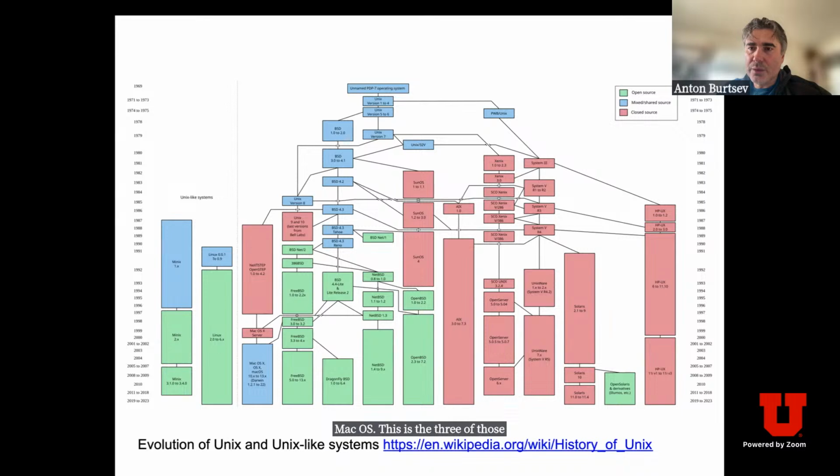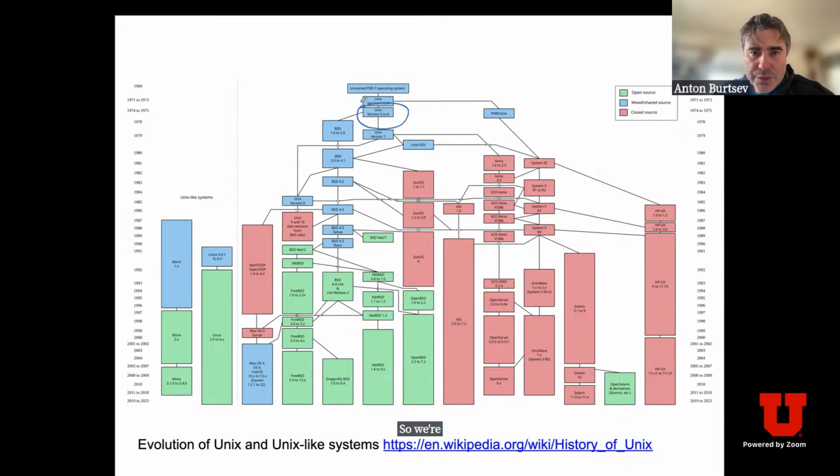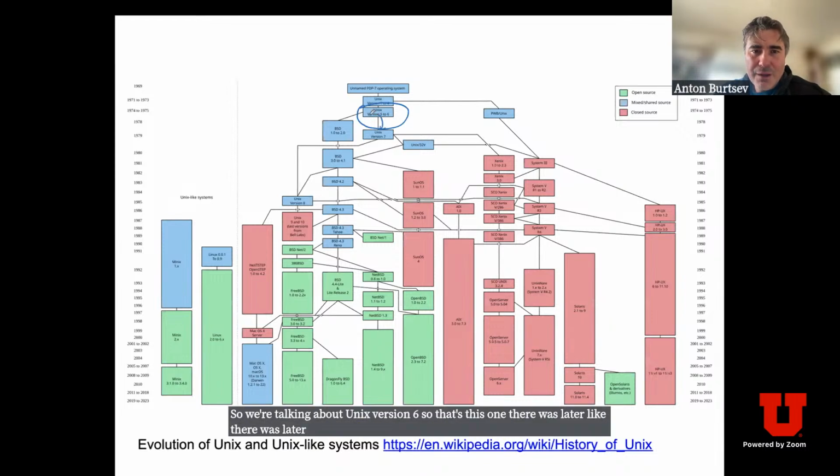Let me just quickly show you here. We're talking about Unix version 6. So that's this one. There was later Unix version 7 here, and we forked into BSD. It was proprietary. We later forked into FreeBSD here, right? And FreeBSD is still alive.